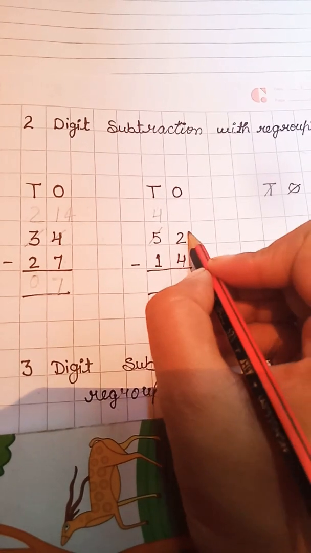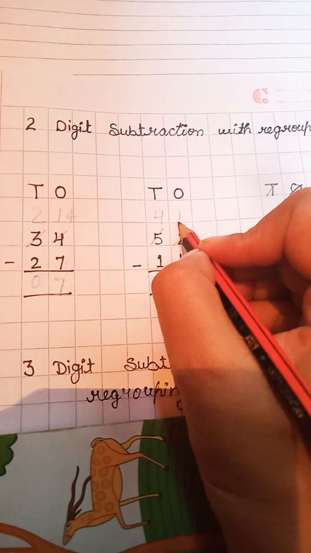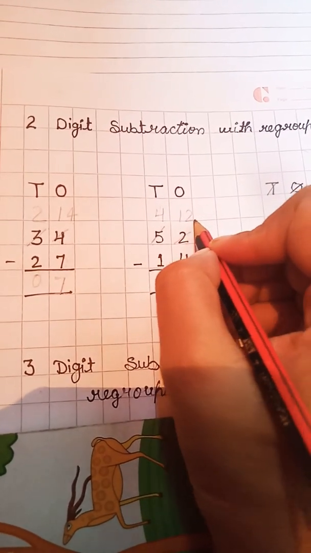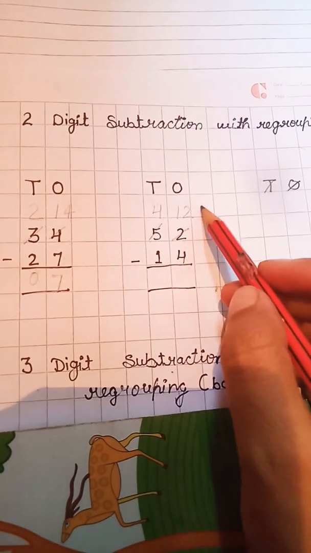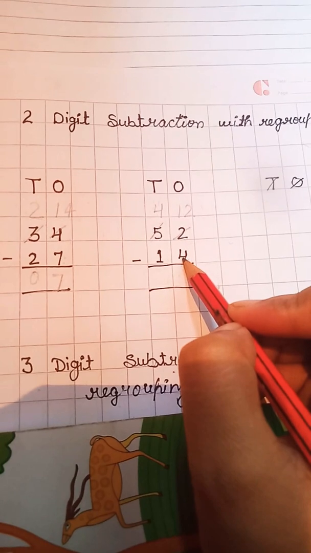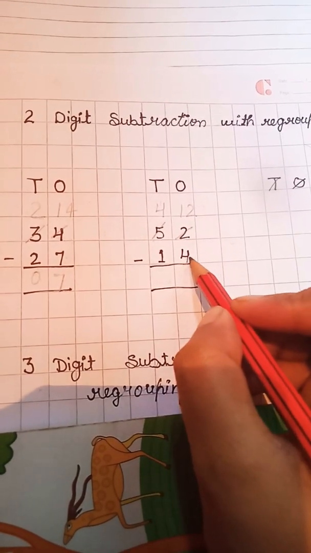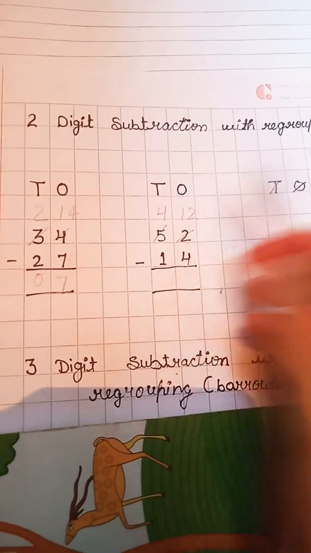And 2 ones plus 1 ten is equal to 12. So, this 2 becomes 12. Now, we can subtract 4 from 12.